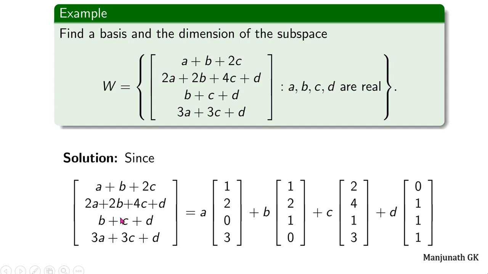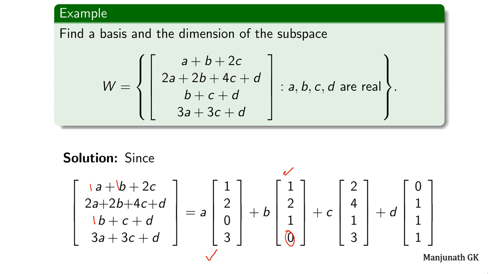So the left-hand side matrix can also be written as a times the matrix 1, 2, 1, 3, plus b times the matrix 1, 2, 1, 0. Sorry, 1, 2, 1, 0.